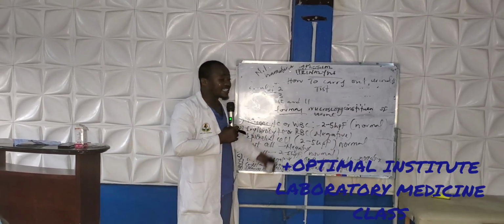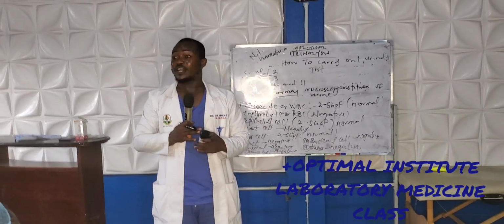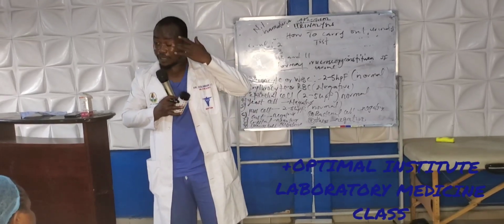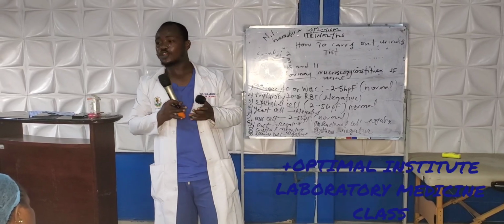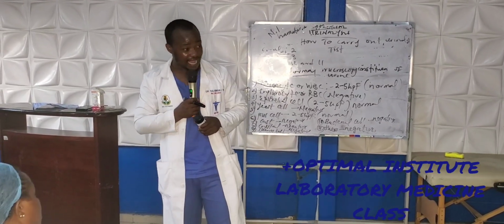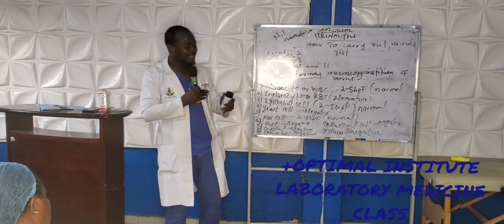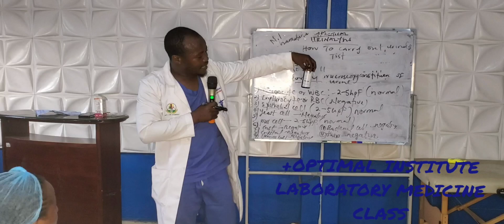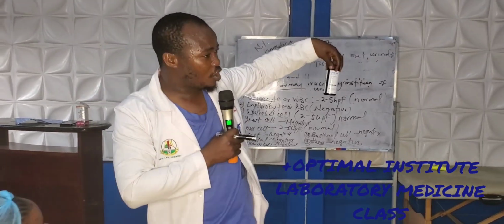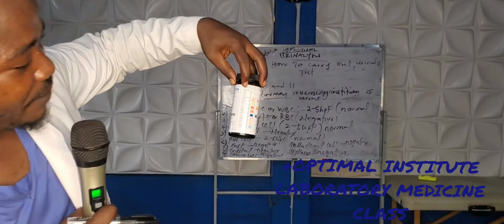Combi 10, 10 parameters. Combi 11, 11 parameters. When you hear that, you as a healthcare provider or medical student should understand immediately that this one is URX 10A, meaning Combi 10. Am I communicating?